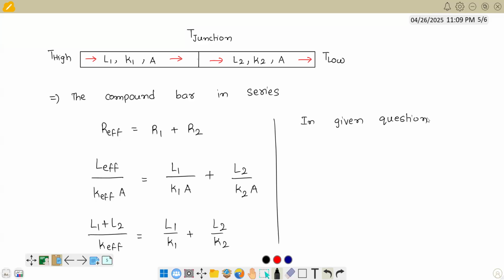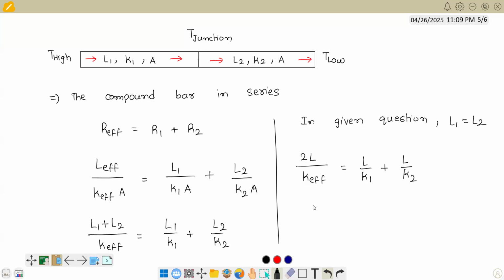So this is the general formula. In the given question, L1 is equal to L2, it is given as 0.1. So I can write 2L divided by K effective equals L by K1 plus L by K2.